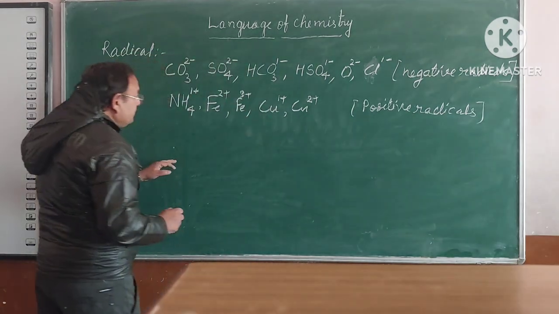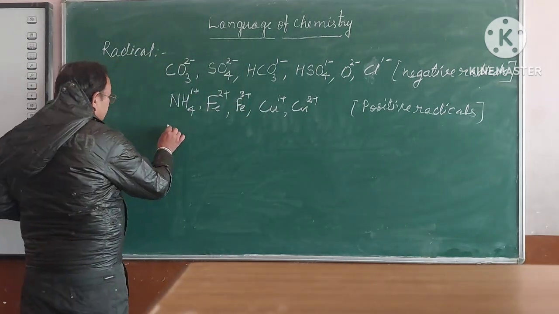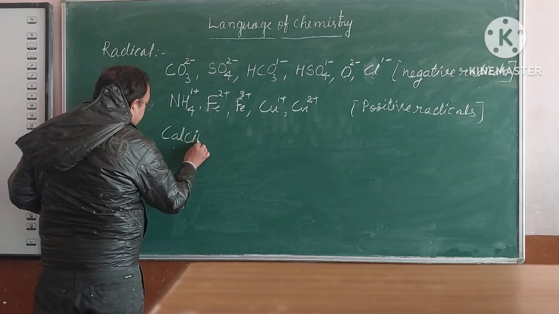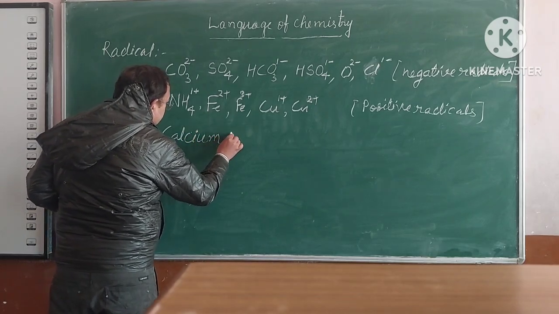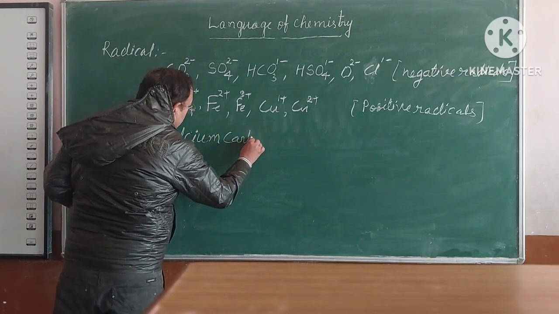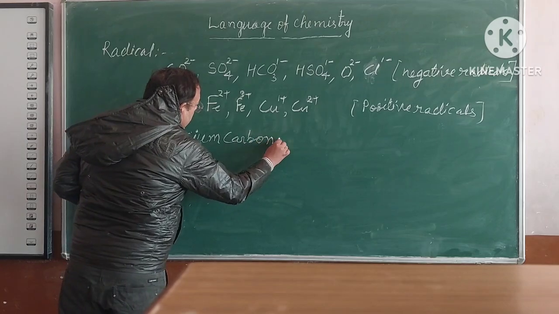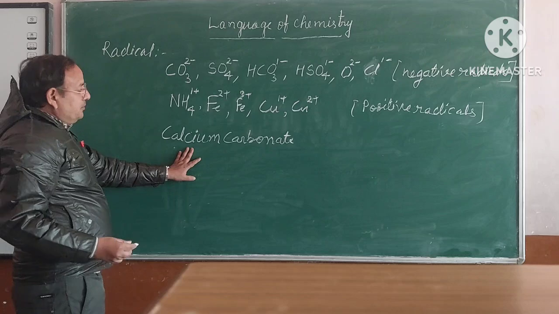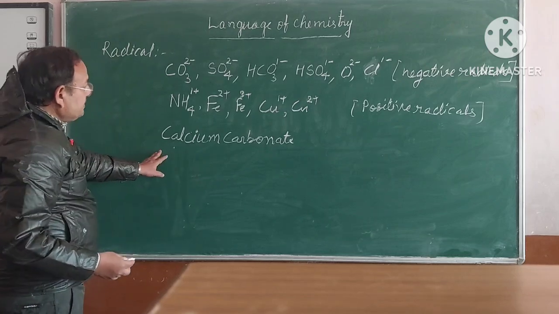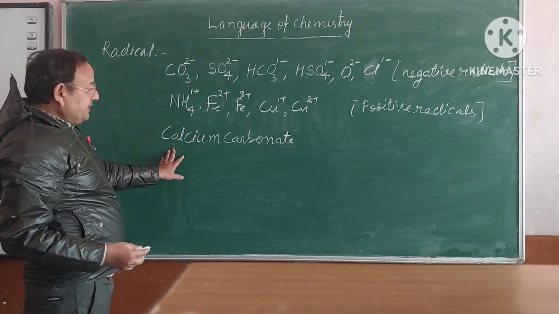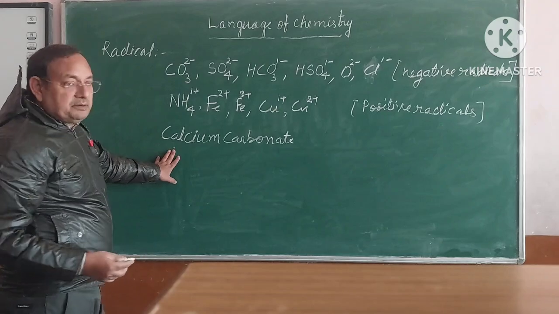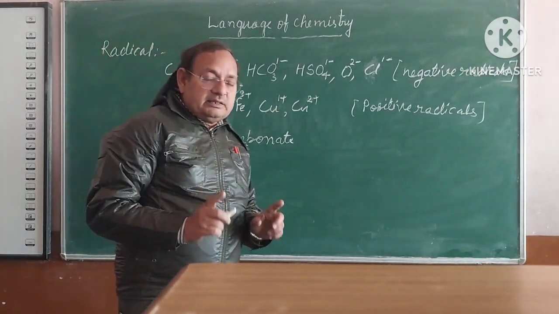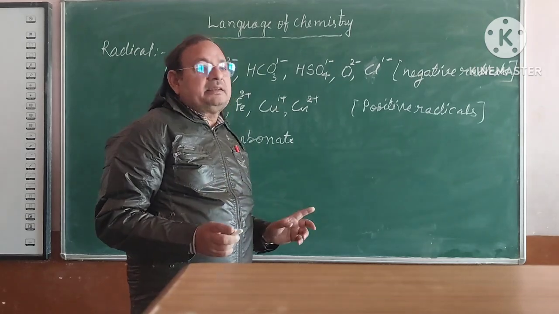In writing the formula of calcium carbonate, we write first the positive radical as a calcium radical and the negative radical as a carbonate radical, side by side.